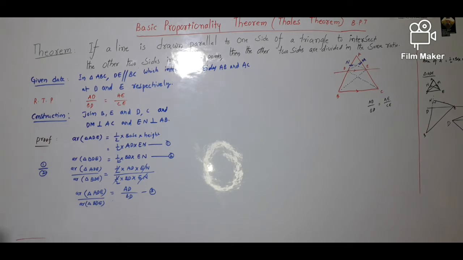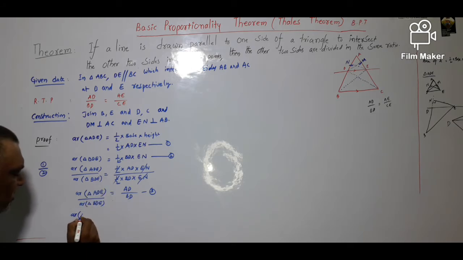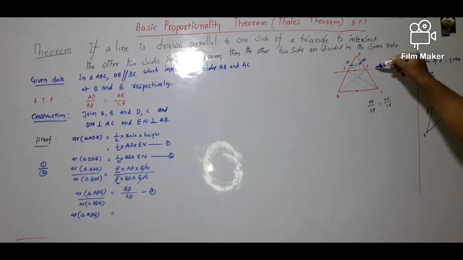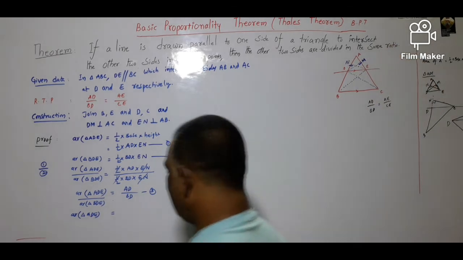Just enough. Now area of triangle ADE. In this triangle ADE, choose base AE and perpendicular height DM.